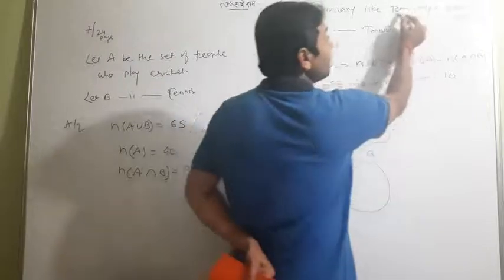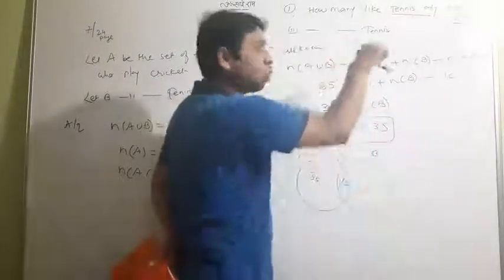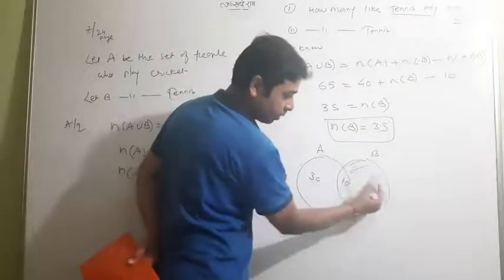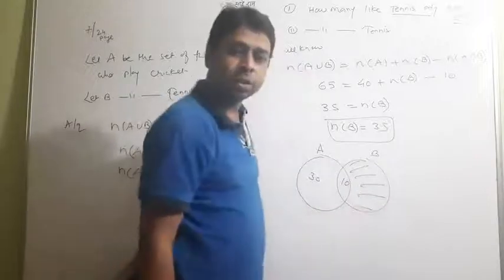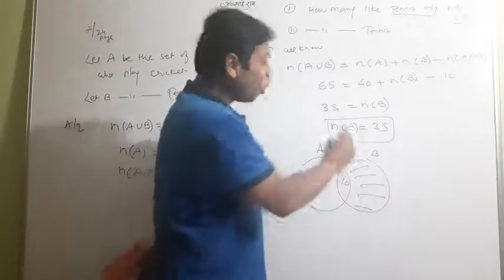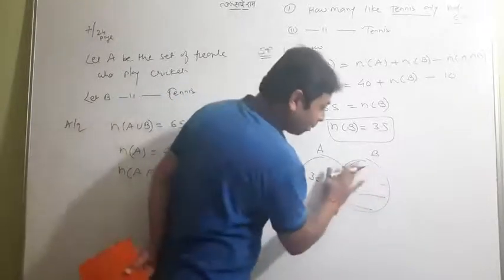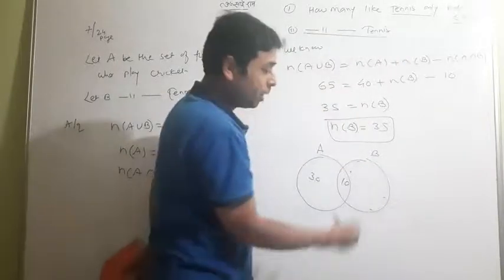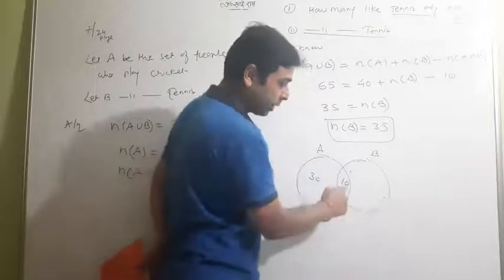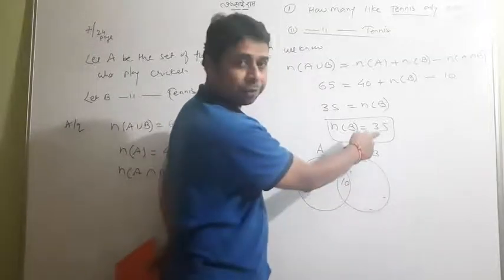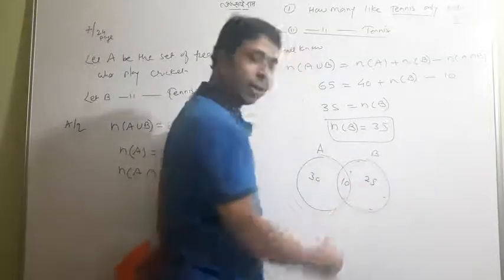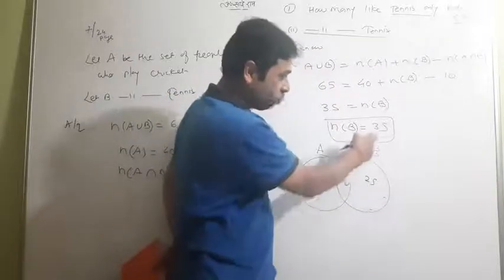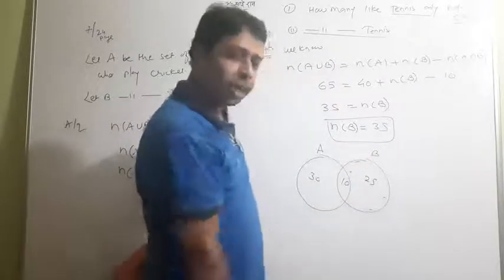But if you focus on tennis only, not cricket, meaning that region, this is tennis only, not cricket. But if I rub this and ask you what is its meaning, how many like tennis? Tennis is the whole of this along with 10. And this is only 35. So if I write 25 here, it is better, because 25 plus 10 equals 35. So now you can catch your answer.